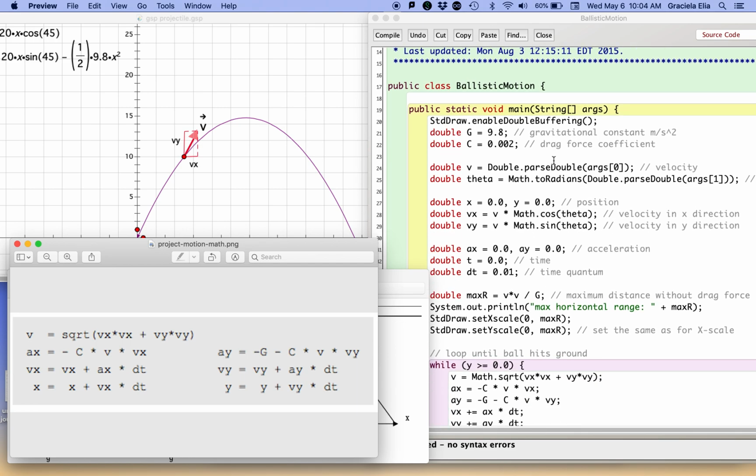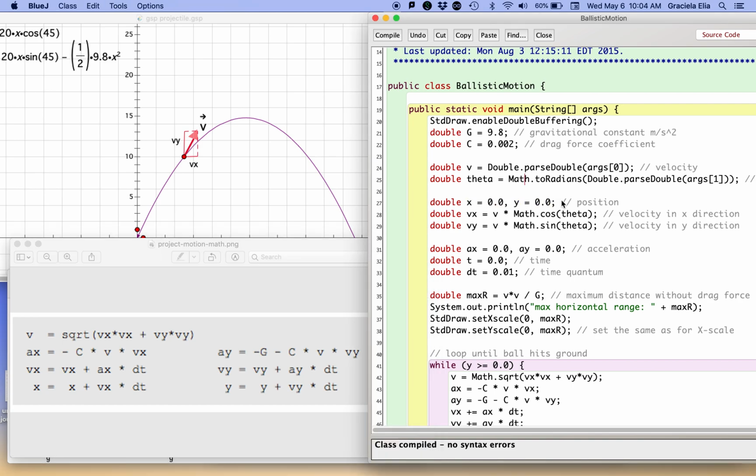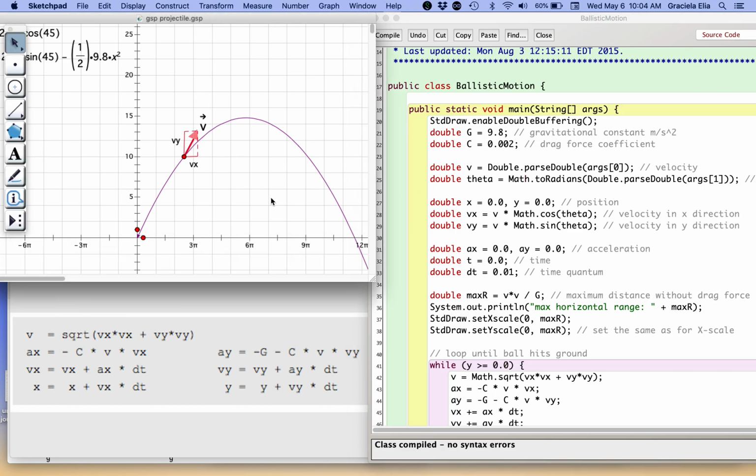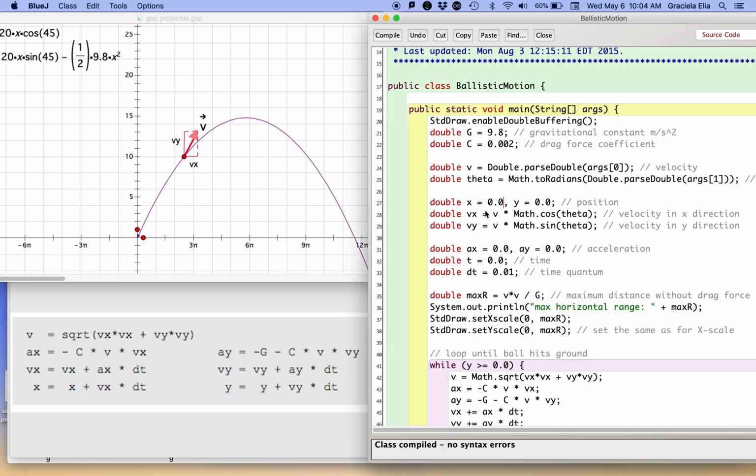Let's see. Everything on the right hand side right here is all the initial values. As you can see, x and y are 0 at this point, so it's not thrown up from any height.